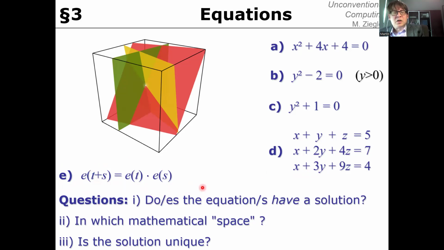So now t and s are real numbers, and e is a function, and we're looking for a function that satisfies this equation. And so again, my question for you is, do you know a solution? Does this functional equation have a solution, and the solution is now a function? Can you imagine a function that satisfies this equation, that turns addition in the argument into multiplication of the values?